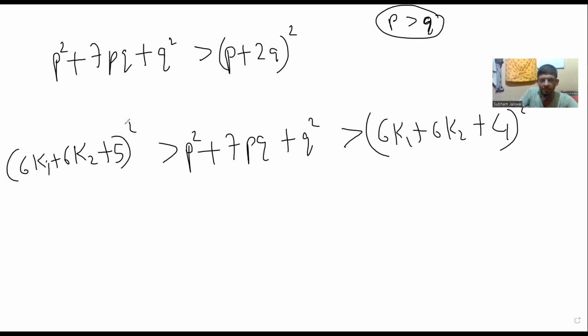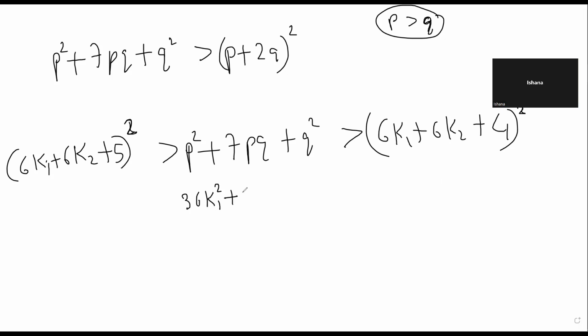But okay, let us see how you have done that. So the quantity in between, p square plus 7pq plus q square, I had expanded it and I got that whole value like 36k square and all. And when I expanded the other terms also, they were all of the form k1 plus k2 and k1 into k2. So I could easily compare them.